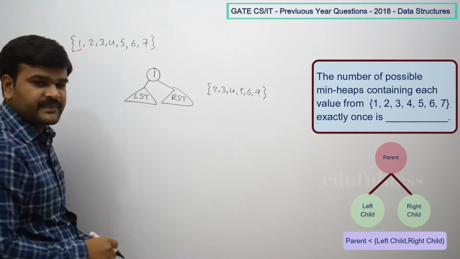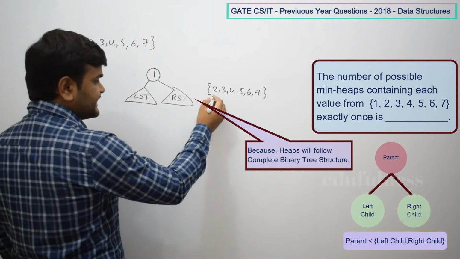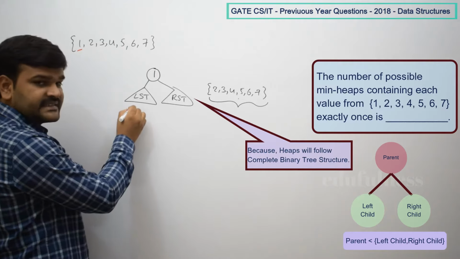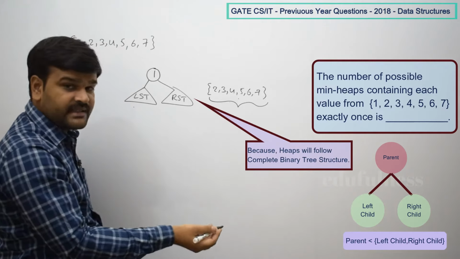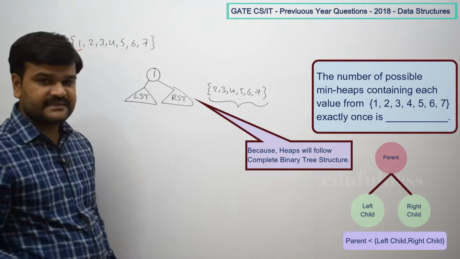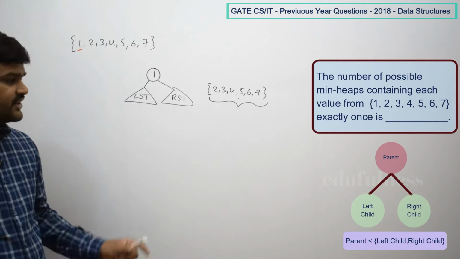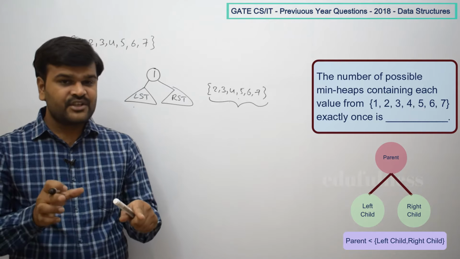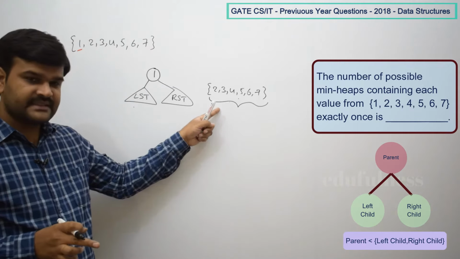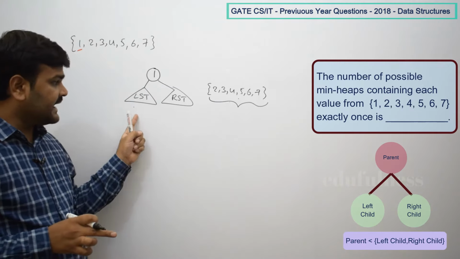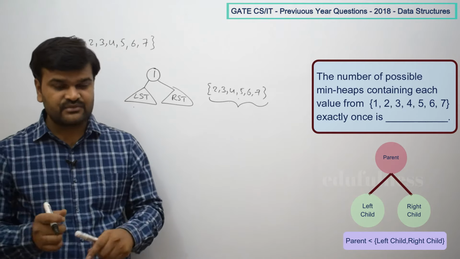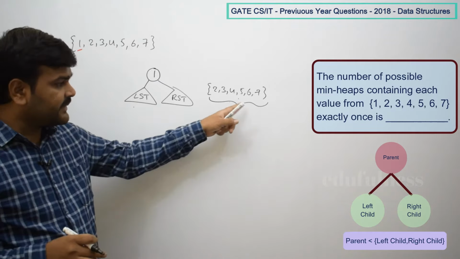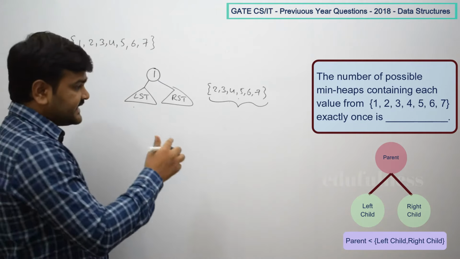So in these 6 elements, 3 will exist on the left subtree side and the remaining 3 on the right subtree side. Now how many ways can you select these elements for the left subtree and the right subtree? That is what we have to find out now. There are 6 elements in total.